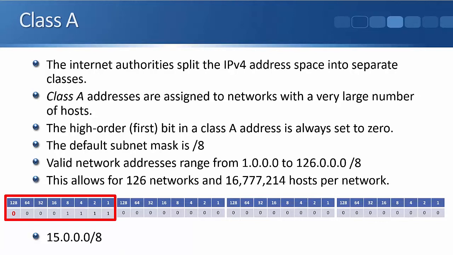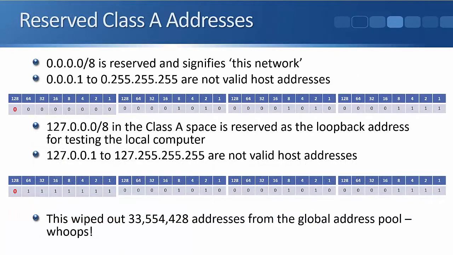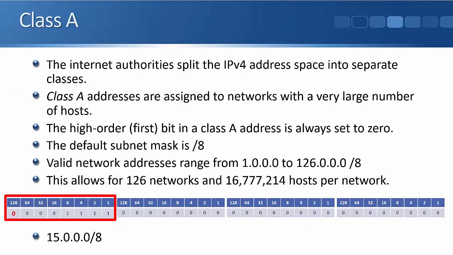So 1 to 126, that allows for 126 networks. And if you counted up the host bits, 2 to the power of 24, minus 2, adds up to 16,777,214 hosts per network.